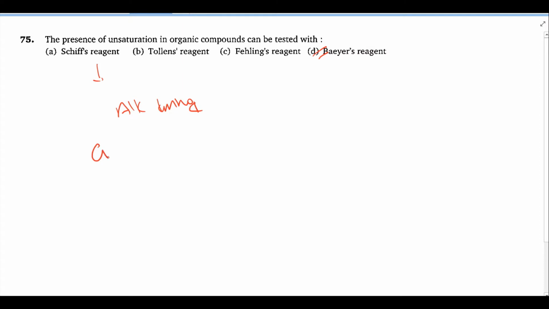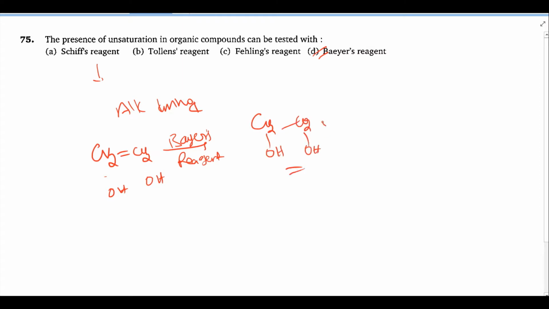You can take ethylene on Baeyer's reagent; one OH is added, and another OH is added. So this is a test for unsaturated compounds. The correct answer is option D.